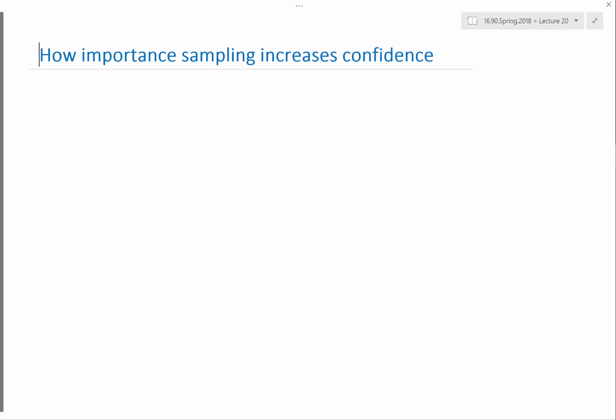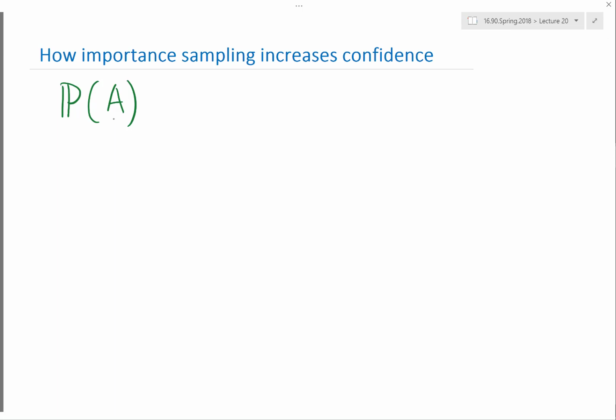So, for example, let me figure out a very simple example. Imagine I want to compute the probability of an event A that is very unlikely to happen.